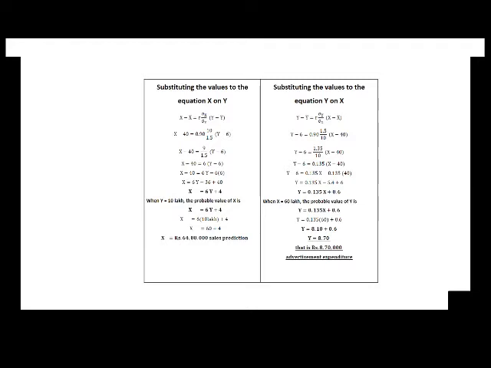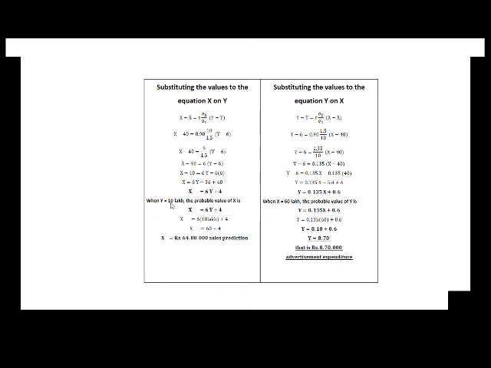X minus 40 is equal to 9 divided by 1.5, y minus 6. X minus 40 is equal to 6 into y minus 6. X minus 40 is equal to 6y minus 36. X is equal to 6y minus 36 plus 40. The regression equation x on y is x equals 6y plus 4.